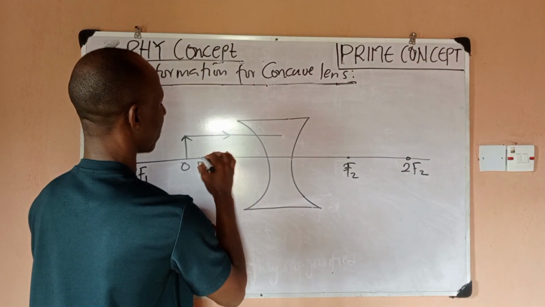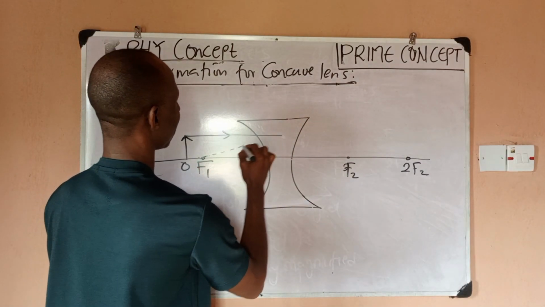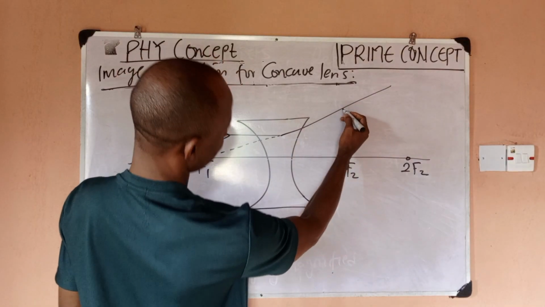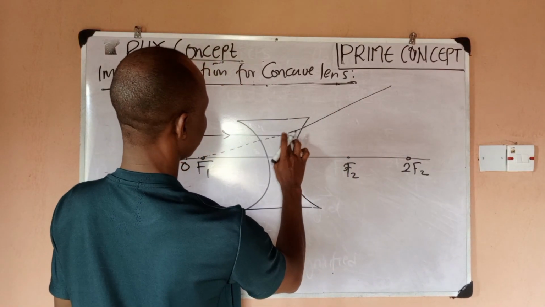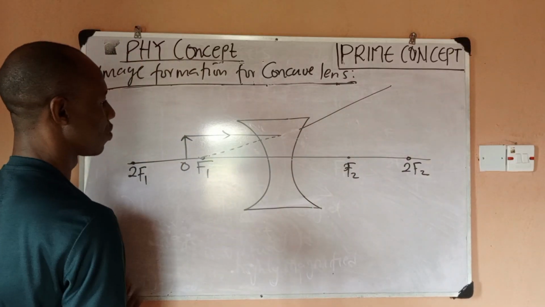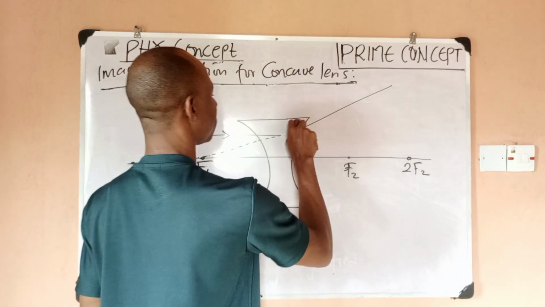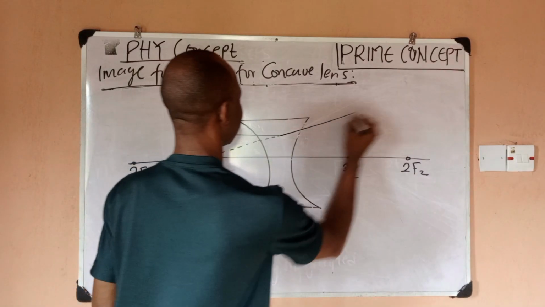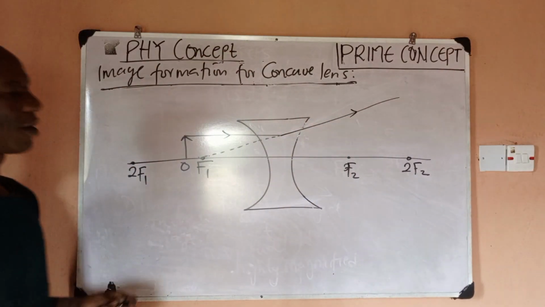Diverge. But it will appear as if it were diverging from your focal point. So it will appear to be diverging from your focal point, right?